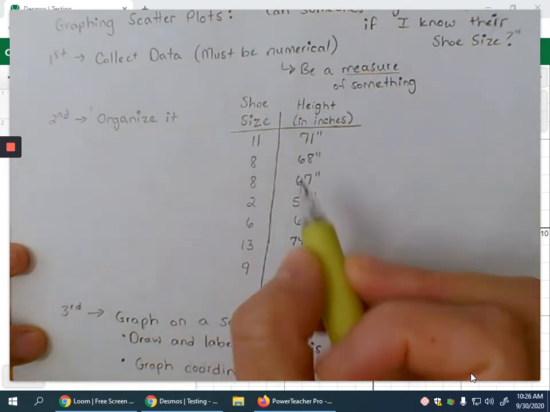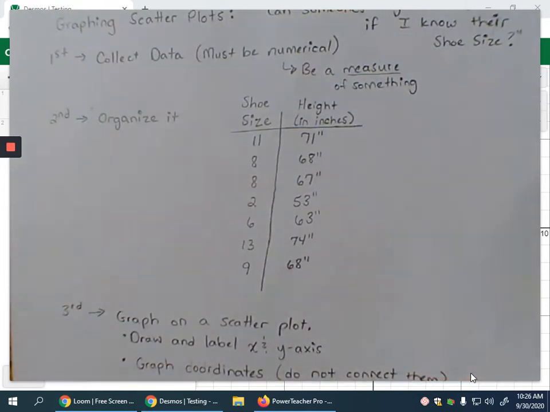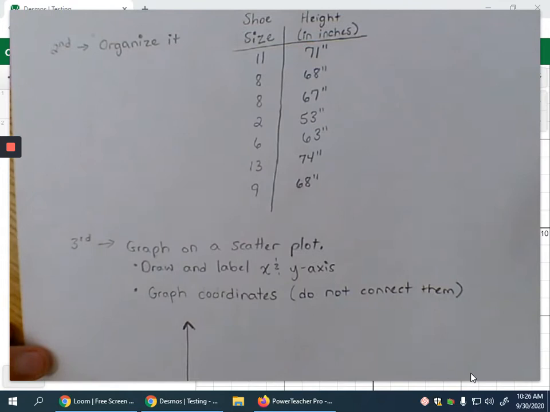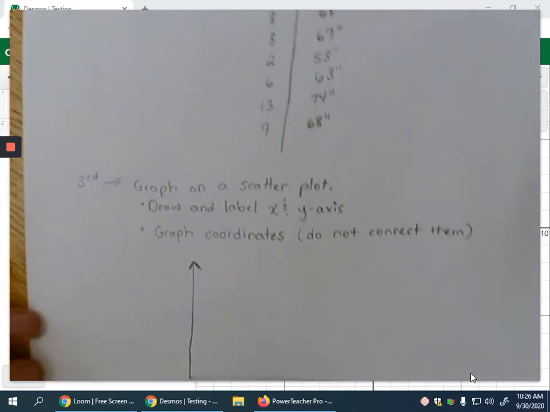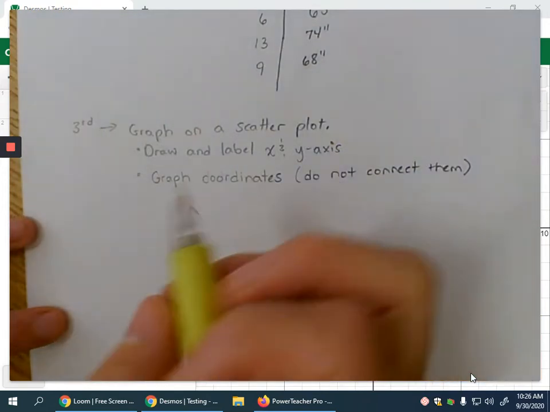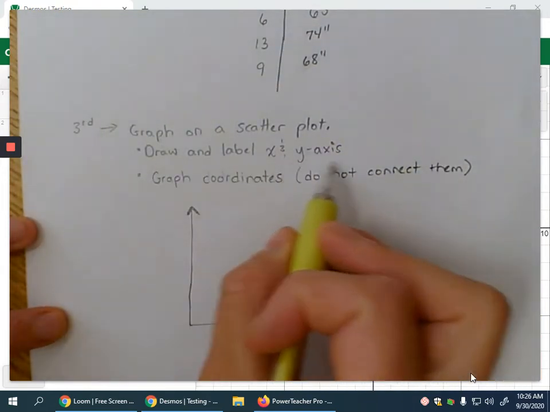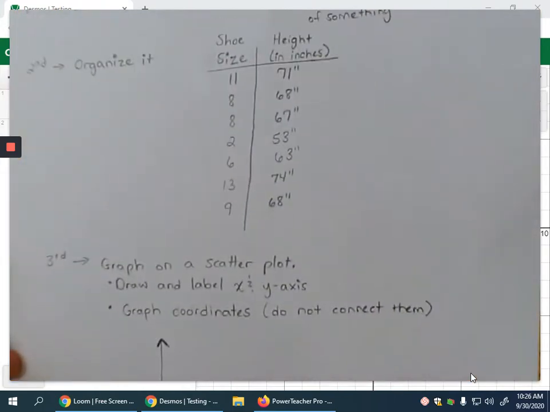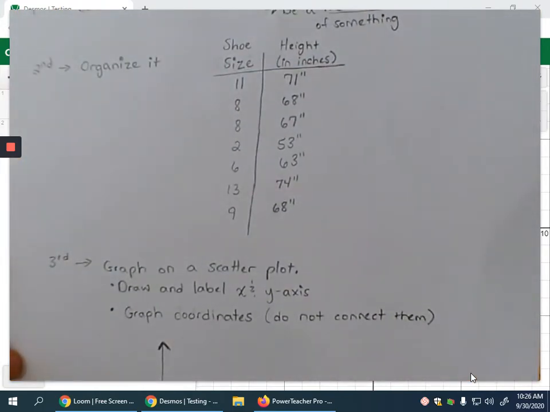So once you get your data and you've organized it at least a little bit, you can actually make your scatter plot. To make your scatter plot, you're going to start by drawing your X and Y axis. Notice I only drew the first quadrant, because if you look at your data, that data is positive, and so I only needed to graph the first quadrant.